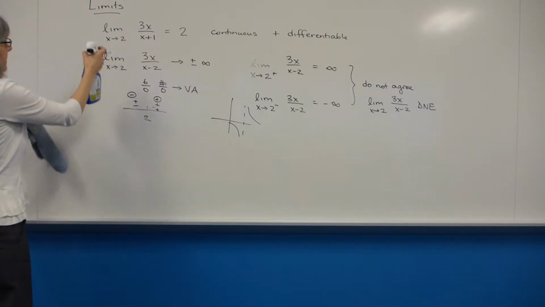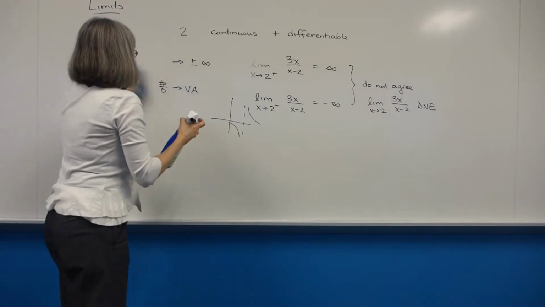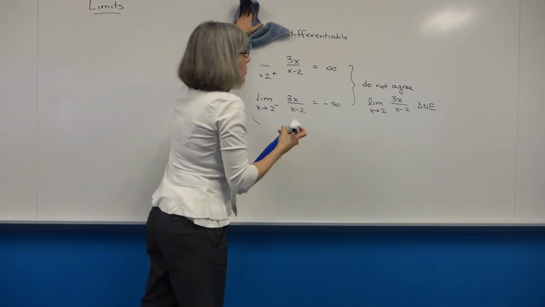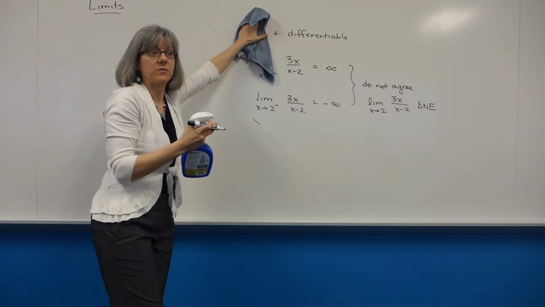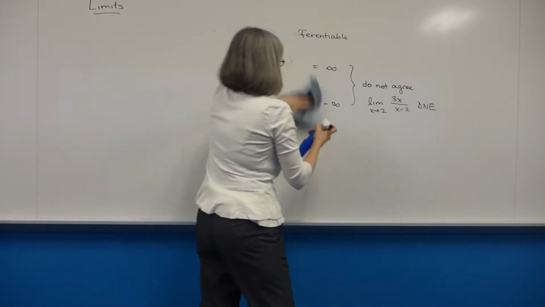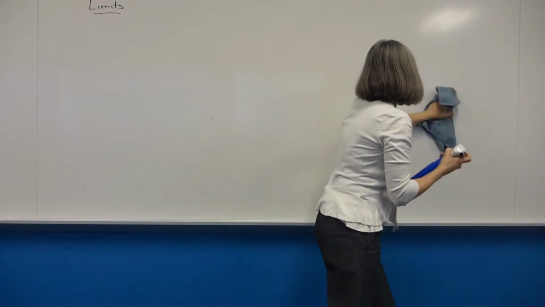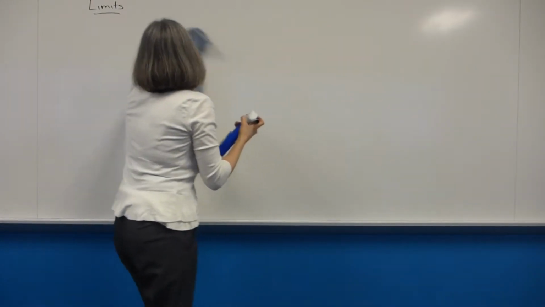Okay, so let's look at another one. Would it be differentiable there? If there's a big gap, is it differentiable? No. You have to have continuity in order to be differentiable. All right, so let's look at this one.